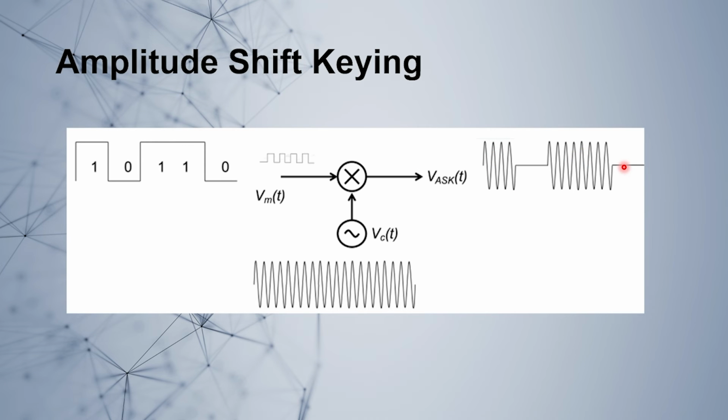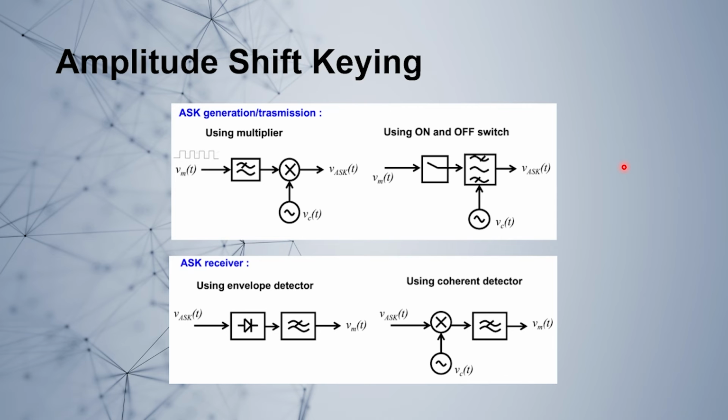So this is basically the generation of the ASK. We can use a multiplier, or we can use an on and off switch. As for the receiver part, we can use an envelope detector or also a current detector to receive the signal and change it back to its original state.